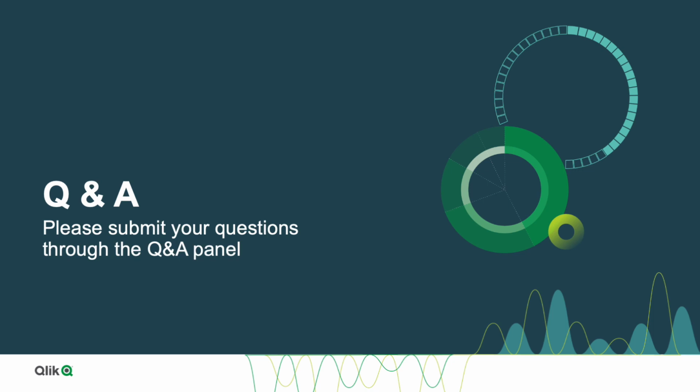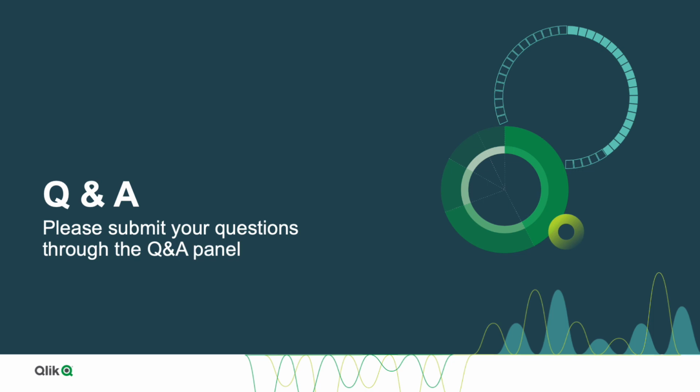Great. And the last question today, how can I apply a bookmark to a monitored chart? So I can do that. A monitored chart is what we call a snapshot. It is a live chart, but it has the data embedded within the chart. Whenever an app does a reload, the data is updated for that snapshot.